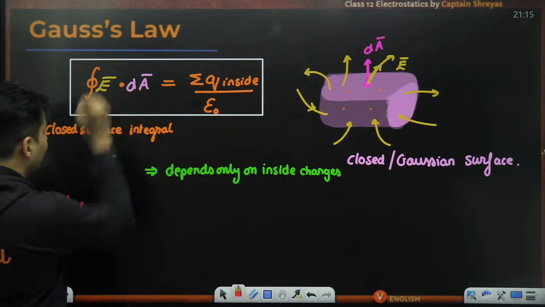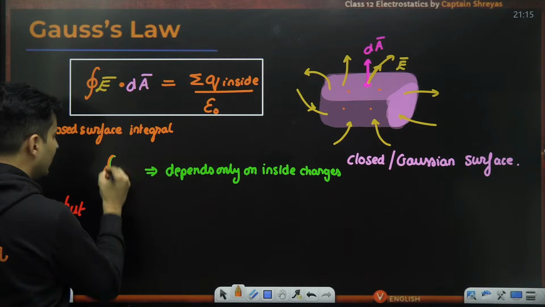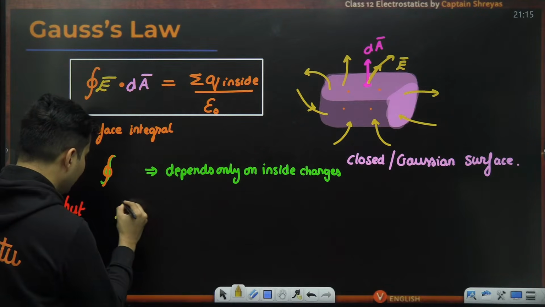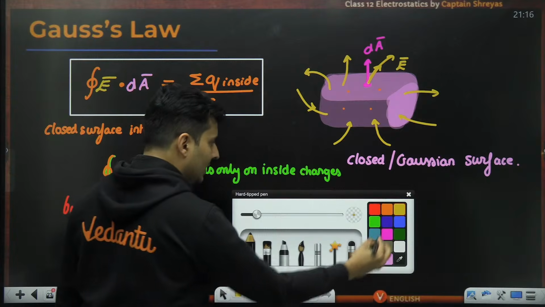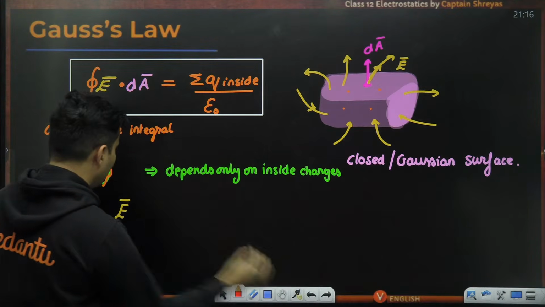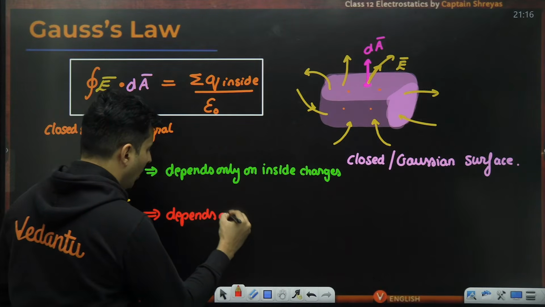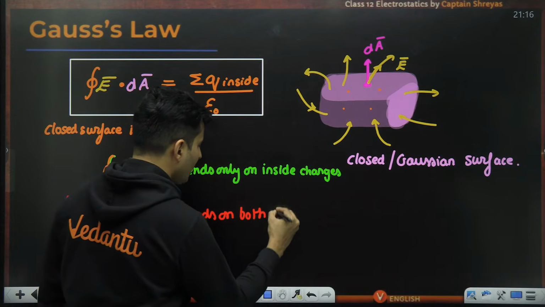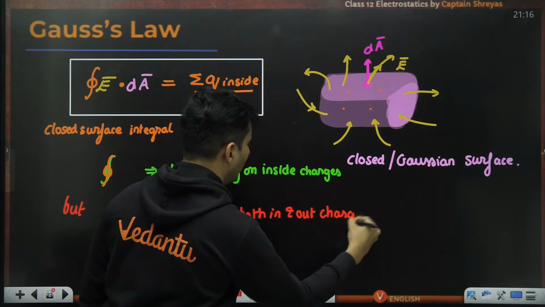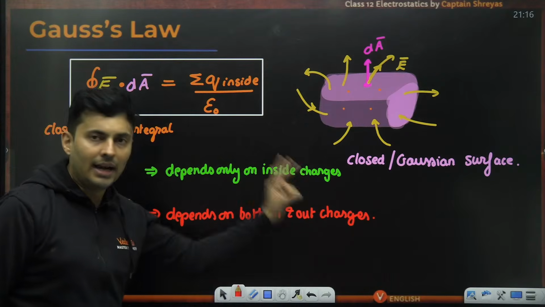The value of this integration only depends on the charges inside. But that electric field which is there, that depends on both inside and outside charges. Yes, both inside and outside charges.